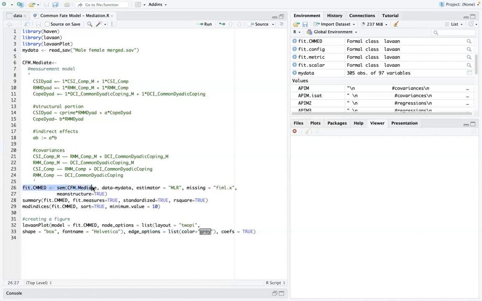So here is the syntax for generating our fit statistics. And so we have our model name here, we have the data. I use robust maximum likelihood, especially with relationship quality, because residuals tend to be substantially non-normal. If we think about just the construct of relationship quality, people tend to not be in relationships if they're unhappy in them.